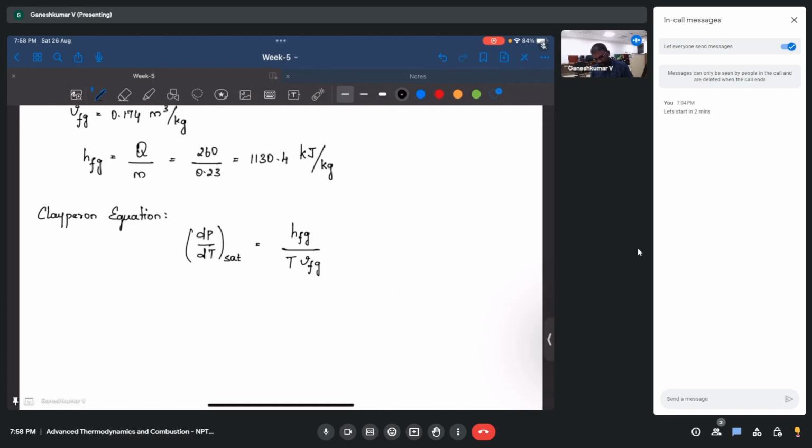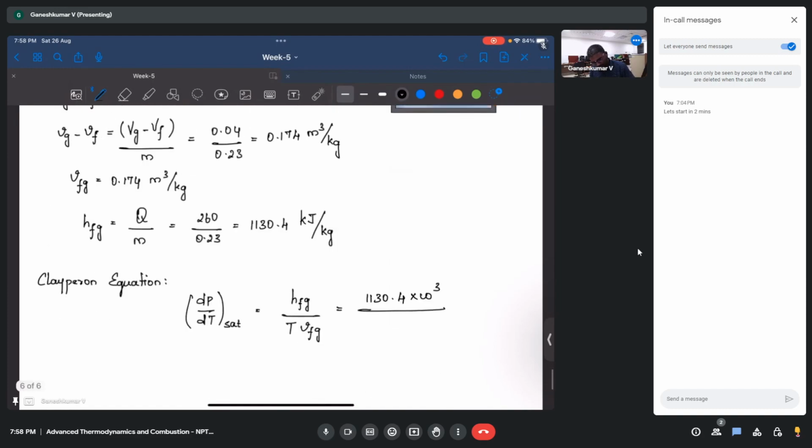Right, so now let's put it all together. HFG we know is 1130.4 kilojoules per kg; let's write it in joules per kg, so times 10 power 3, divided by the temperature 264 Kelvin times 0.174. How much is this coming out to be?